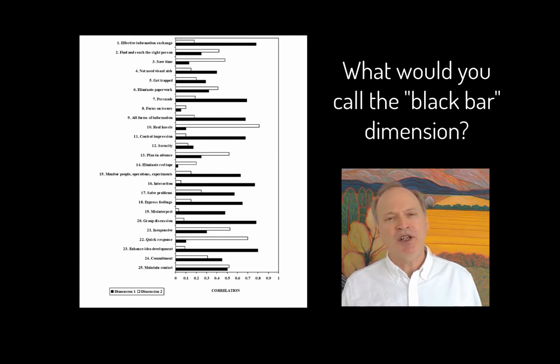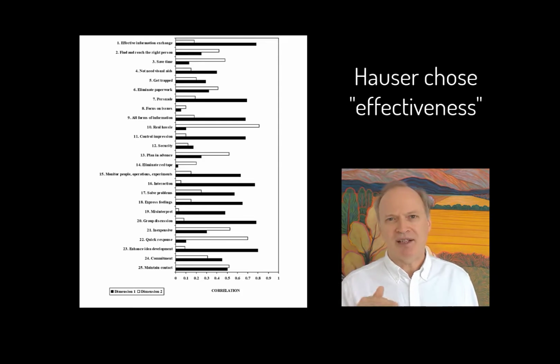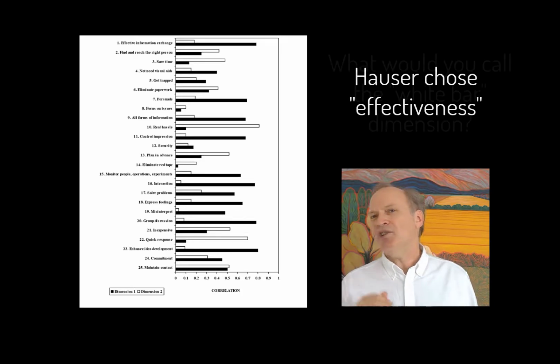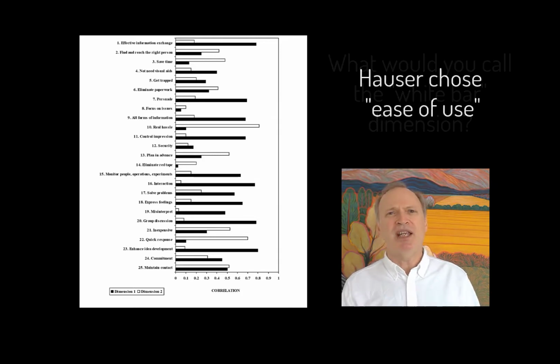Now, a trick we often use is sometimes we take the variable that has the highest loading on that dimension, or we find a variable that has a very good adjective. In this case, you'll see that John Hauser selected effectiveness, right? So there's effectiveness. Let's look at the second dimension. The second dimension is something about real hassle, saves time, planning in advance, etc. What is that all about? Now, you might think back about that. What's the opposite of real hassle? It means it's easy. Let's put ease of use.